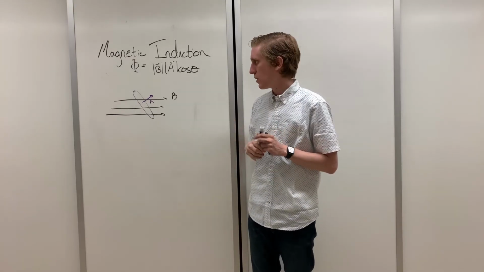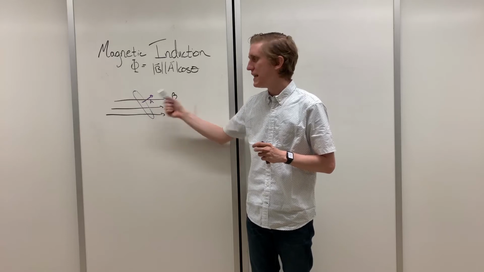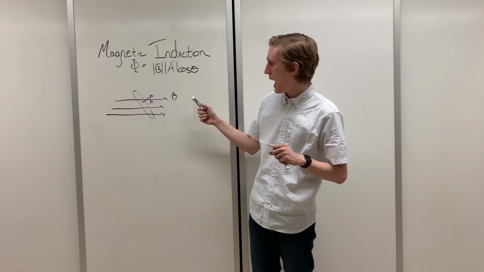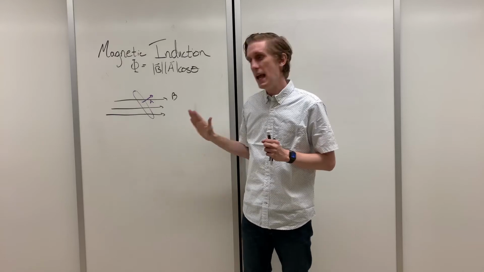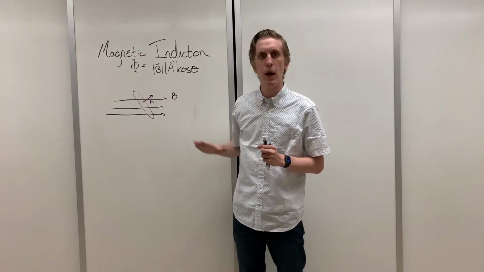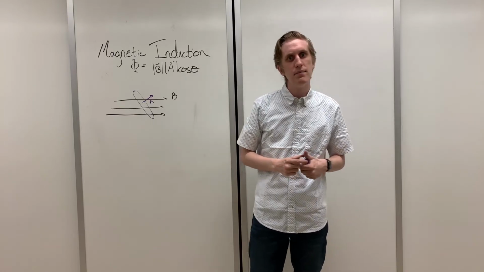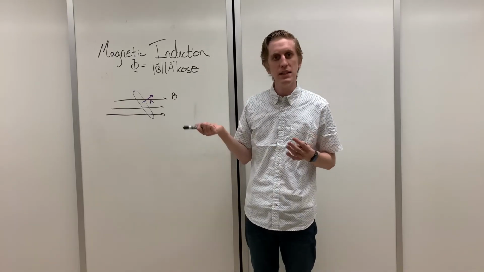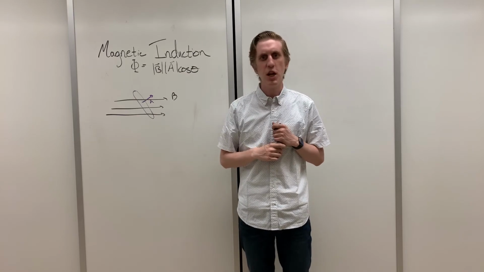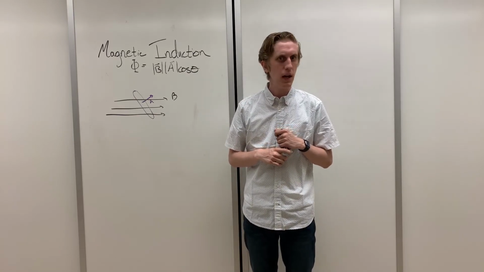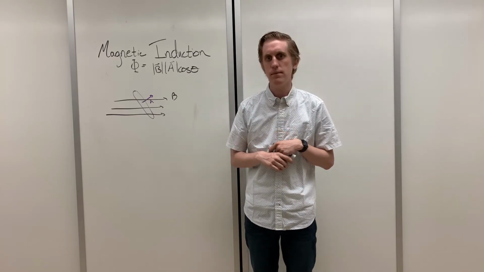Remember that this angle is the angle between the area vector and the magnetic field vector. If we rotate that loop this way, that angle is going to be increasing. Since the angle is increasing, the cosine of the angle is changing, and therefore the flux is changing as well.